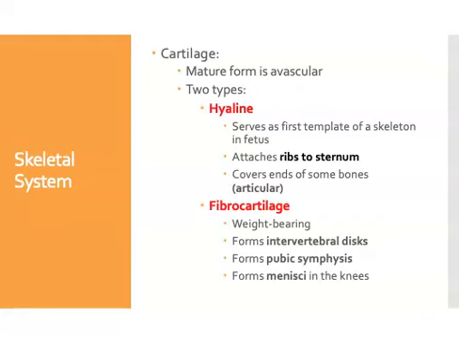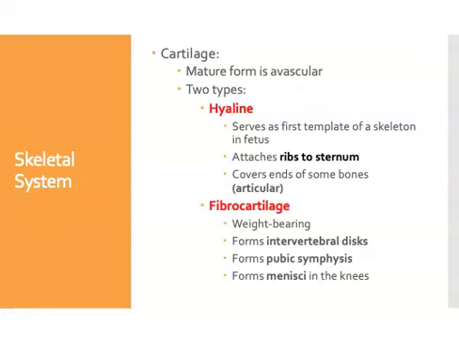Now, hyaline cartilage gets its name because of its appearance. That word hyaline translates as glassy or translucent, and hyaline cartilage has a definite glassy look to it. It's hyaline cartilage that forms the very first skeleton inside of a fetus.